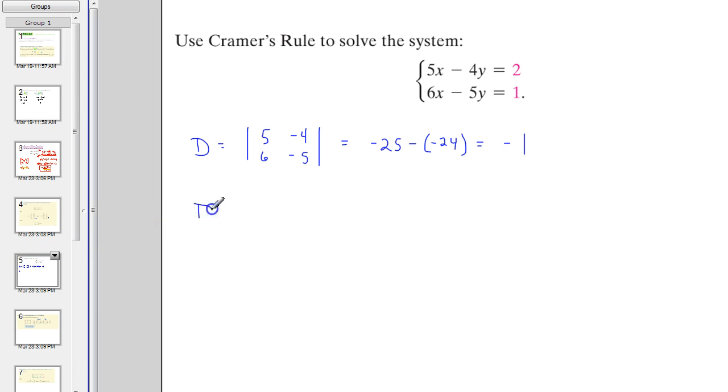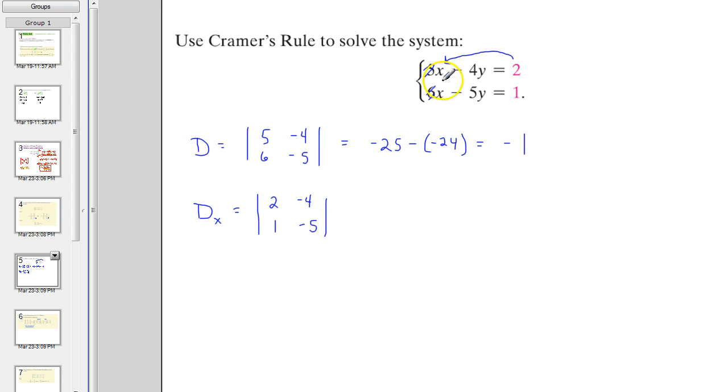Then I put a little x for the subscript when I'm doing the x. So I'm going to replace 5 and 6 with 2 and 1. This matrix is going to look like 2, -4, because it's the x position, 1, -5.